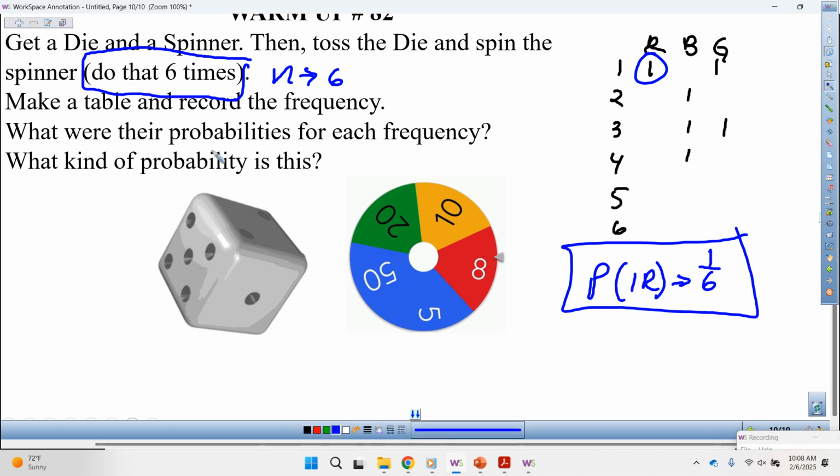All right. What kind of probability is this? Tell your neighbor, please, and then Cole's going to pass someone. What kind of probability is this? All right. Good conversations. Pass someone. Sam.